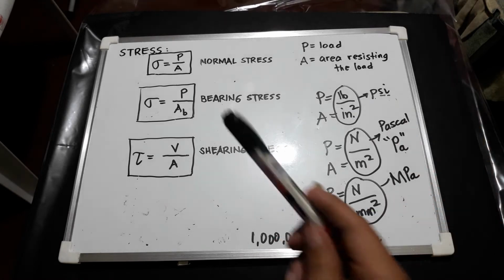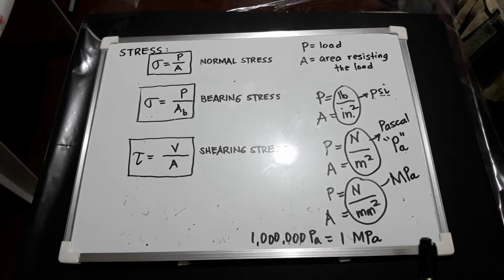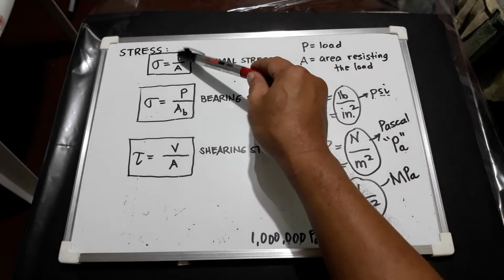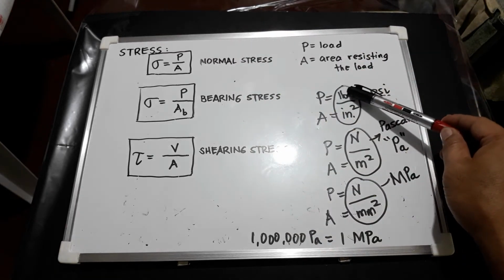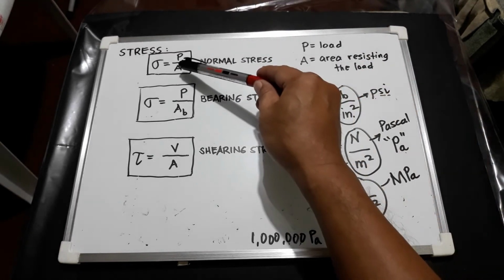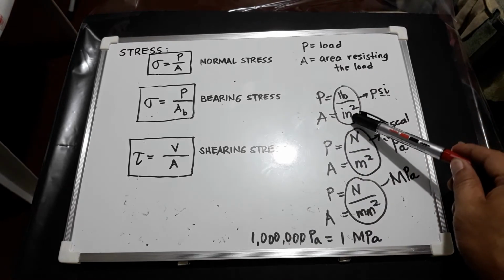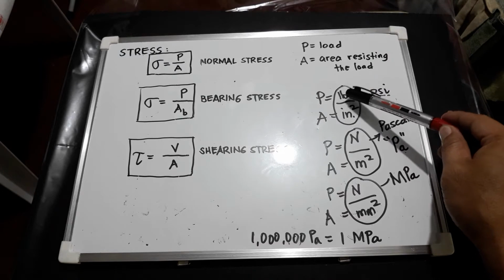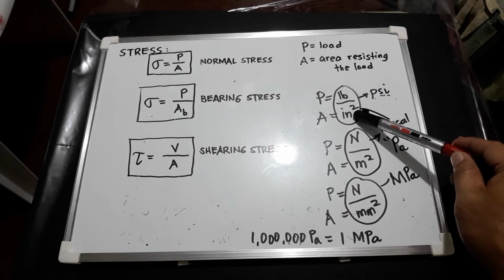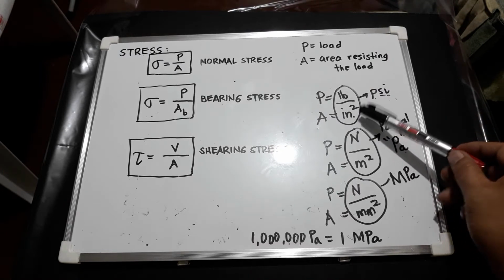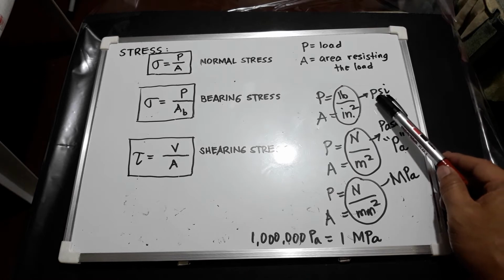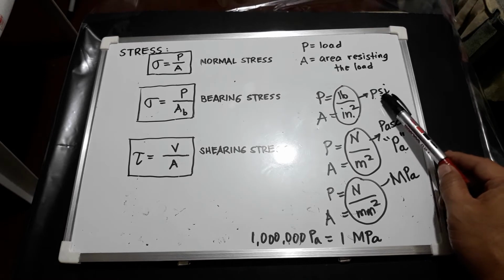So for the units involved in stress, what if the value of P here is in pounds and the value of A is in square inches? So pounds divided by square inches, it is pound per square inch, and we can symbolize it as PSI.